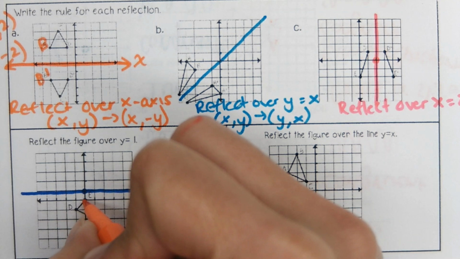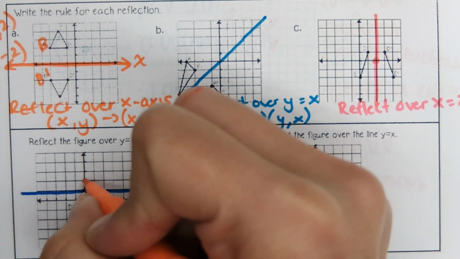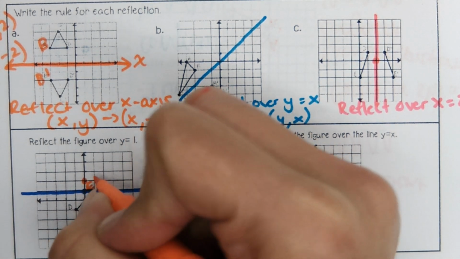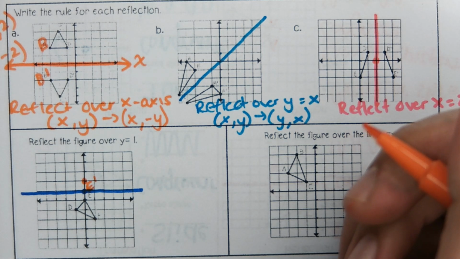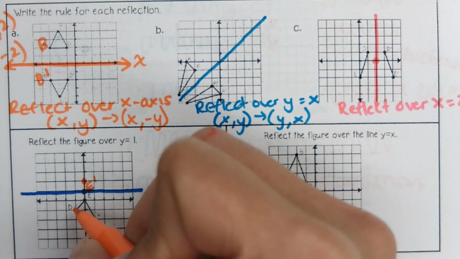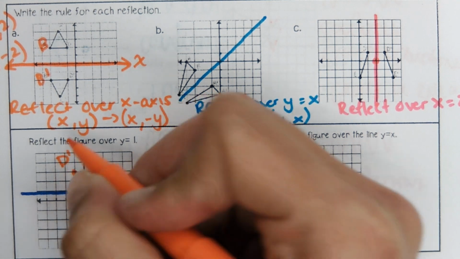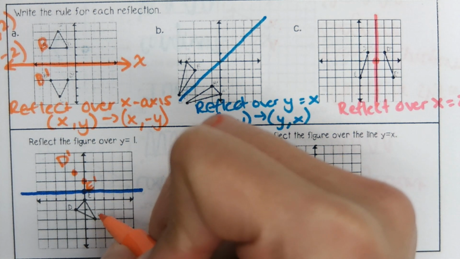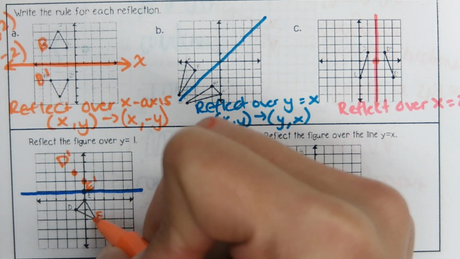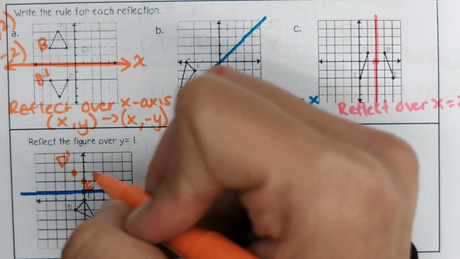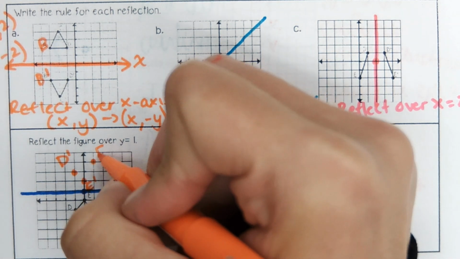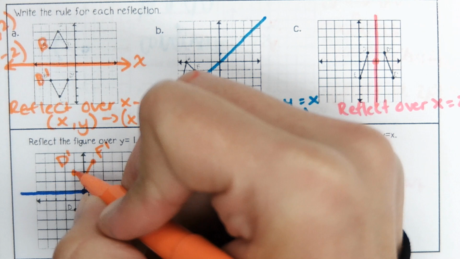So like E is 1 unit away, so I put it up here, E prime. D is 2 units away, so I just count up to D prime. And then this says F right here. And it's 1, 2, 3 units, so I put F prime, and then just connect my dots.